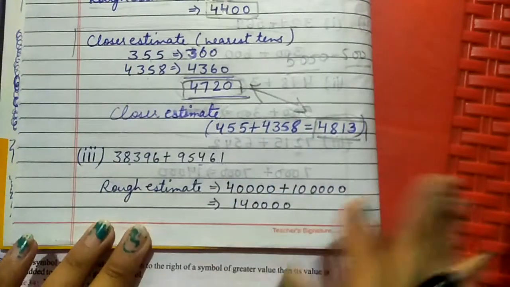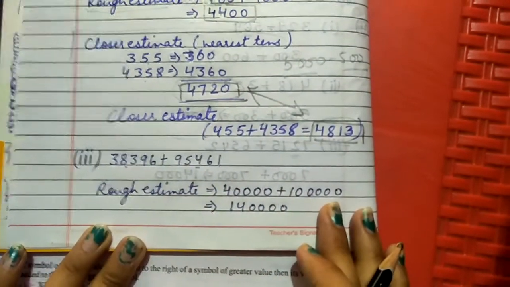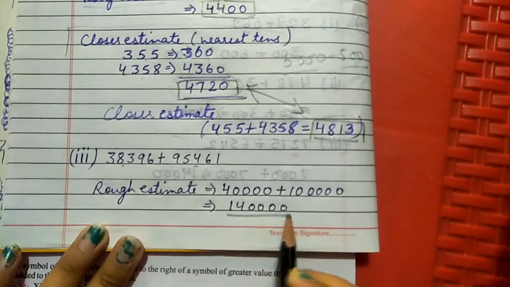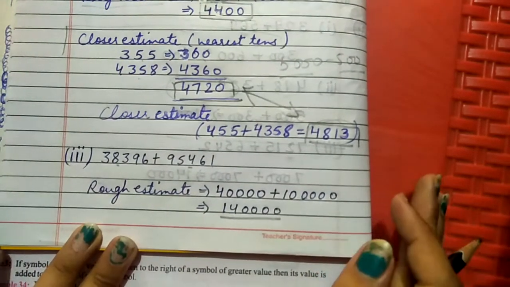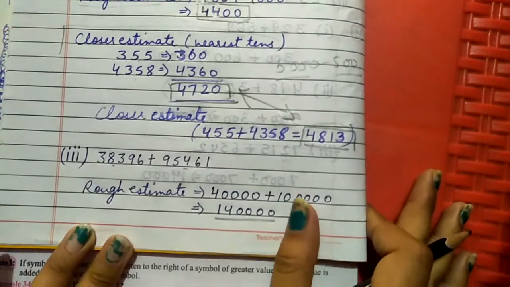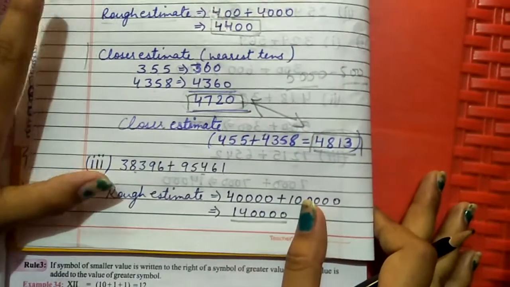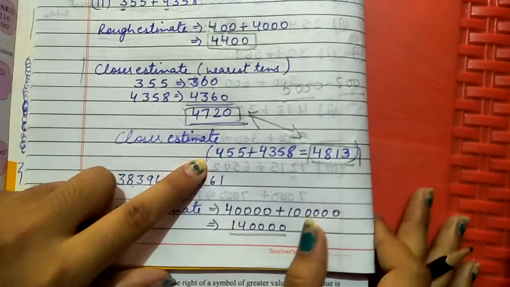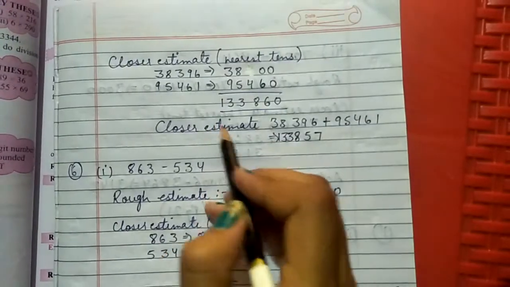But remember, we have to do this roughly. We should not take it too seriously that this should be the answer at the back, because sometimes the answer at the back is also wrong. But this is a rough estimation, just don't mind it, but keep the closer estimation and actual estimation proper.